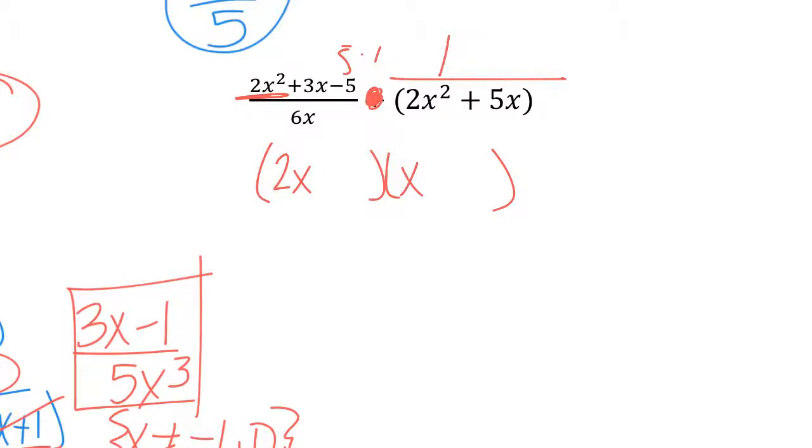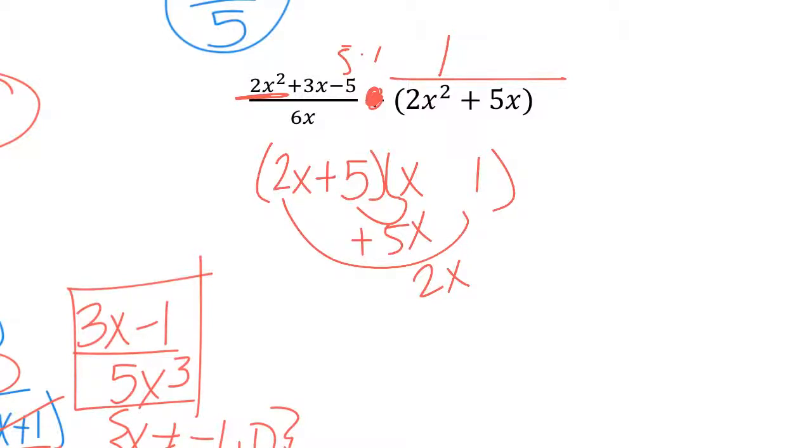So I want 3x, so I'm going to put the 5 here and the 1 there. That gives me 2x and 5x. If I want a negative 5 but a positive 3, I need the 5 to be positive, so a plus in the 2x plus 5, and the 1 to be negative, so it becomes x minus 1.